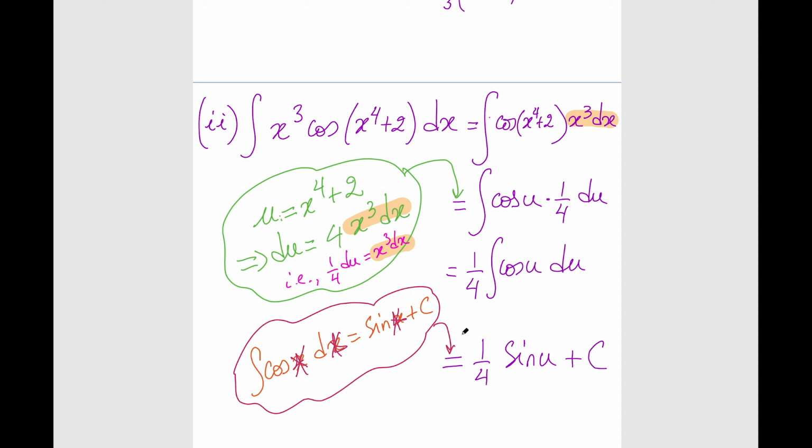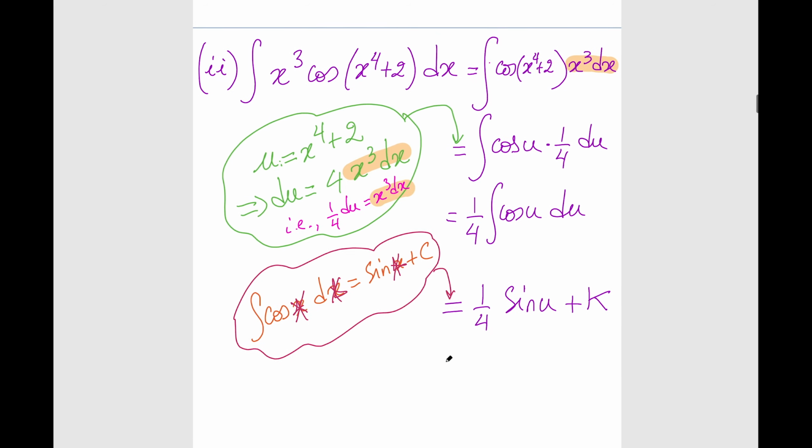So you can tell me, oh, I should multiply the constant by 1/4, but this is arbitrary. If you multiply an arbitrary constant by 1/4, that remains an arbitrary constant. So how about calling it C? If you don't want to have the same C, how about K? So K is 1/4 of that C.